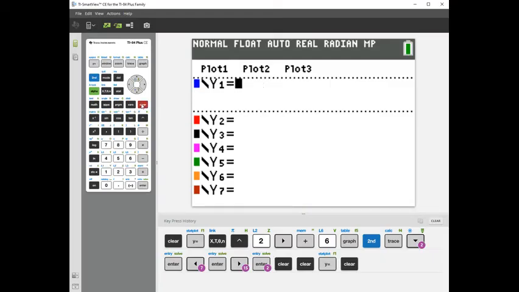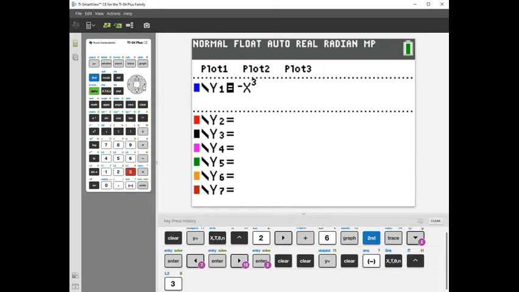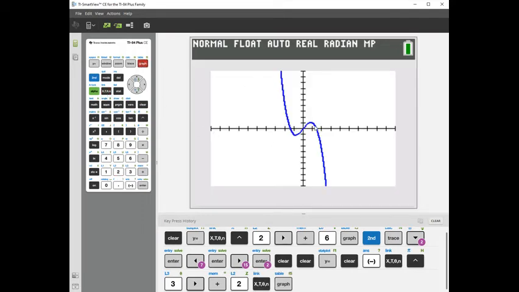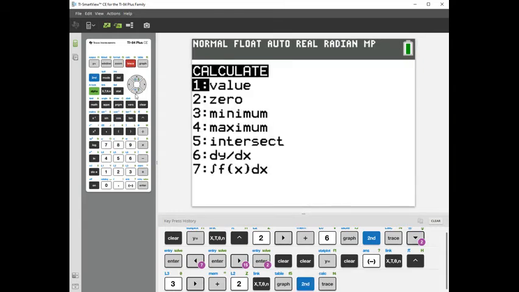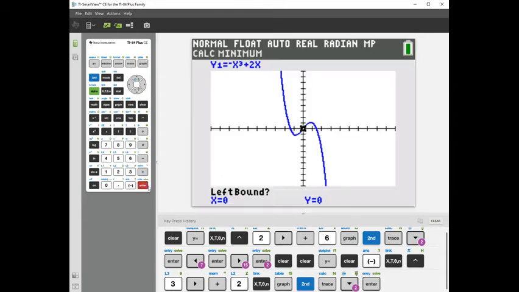First, we need to type this function into your calculator, so make sure that you type in that f of x function into your graphing calculator and hit graph. That's what our sketch looks like. To go find this minimum value first, I'm going to go to second, trace, down to minimum.